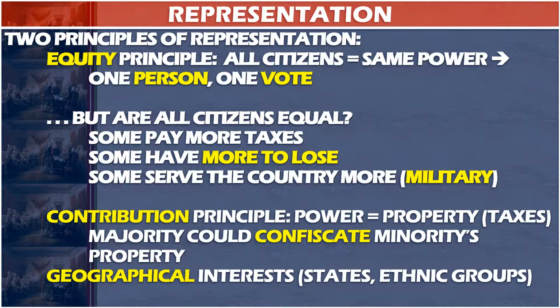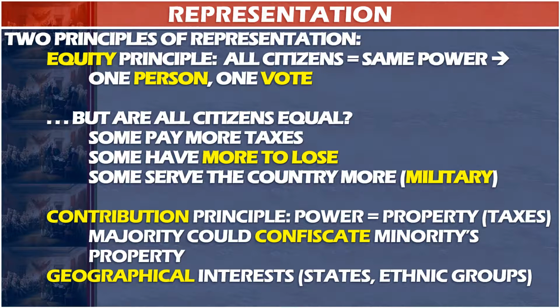And when you have two houses in the legislature, usually one of those houses represents landed property or the aristocracy, such as the House of Lords in England or the Senate in the United States. Because power is based upon property, and from property come the tax revenues, and if you contribute more tax revenues, then maybe you should have a larger say.